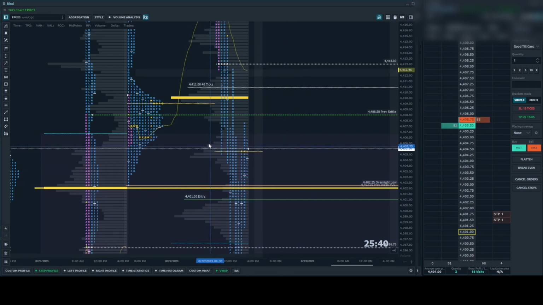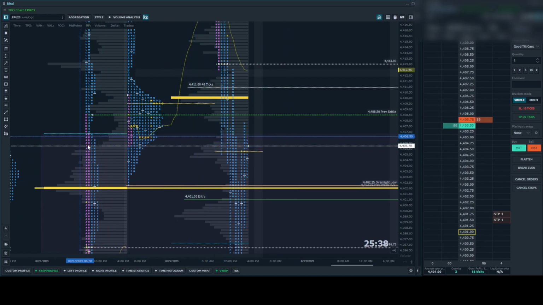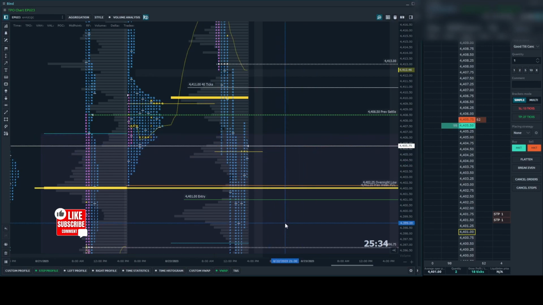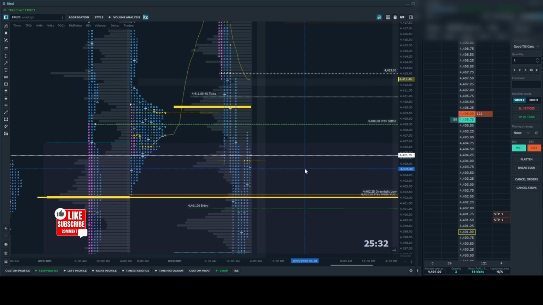One thing I don't like is we are still stuck in yesterday's value area. That's this purple highlighted area. You can see the high right here.